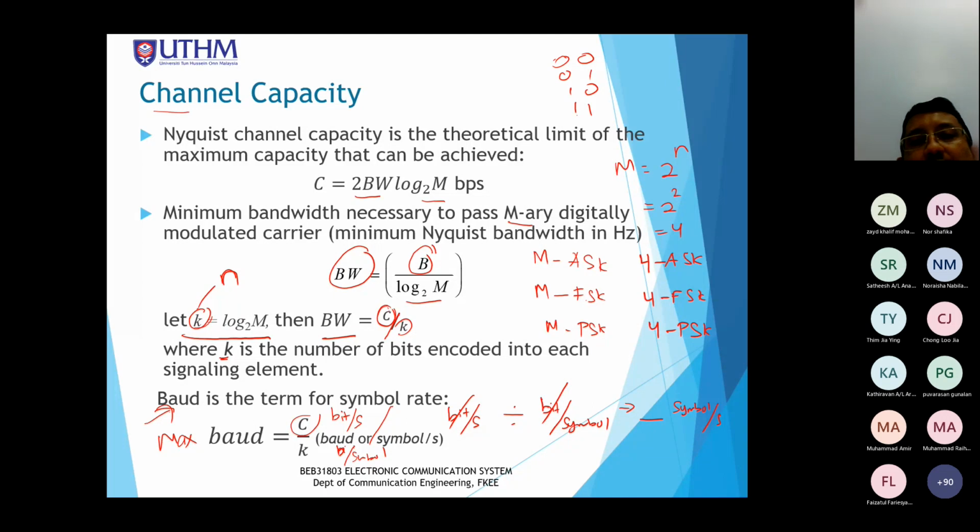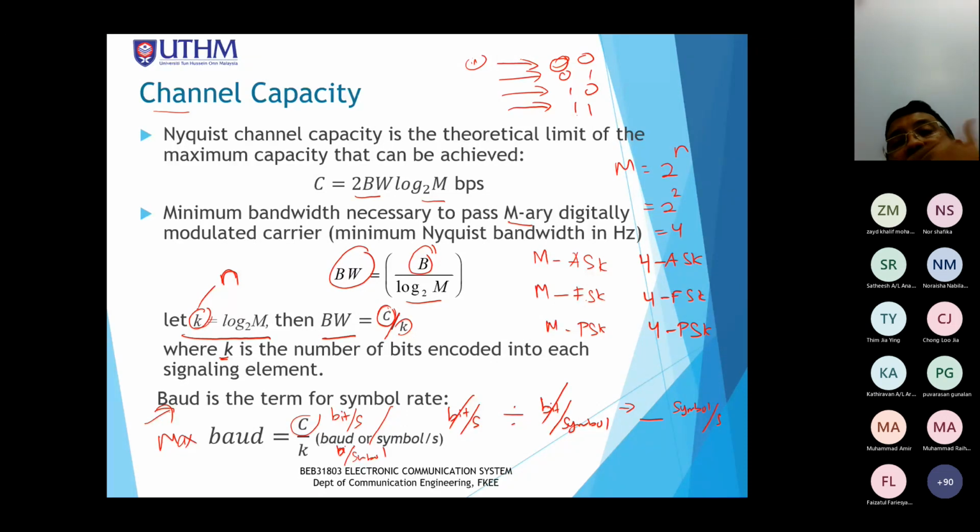In my example, if I'm using 2 bits, each combination of these 2 bits is called a symbol: the first symbol, the second symbol, the third symbol, and the fourth symbol. So the symbol rate, or the baud rate, determines how many symbols I can send in 1 second.